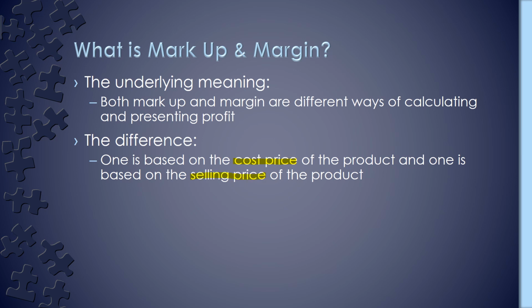This is the key difference to understand when you're reading a question about markup and margin: you need to understand which is which. Once you understand that, being able to interpret questions and use the figures in the question will become much easier for you.